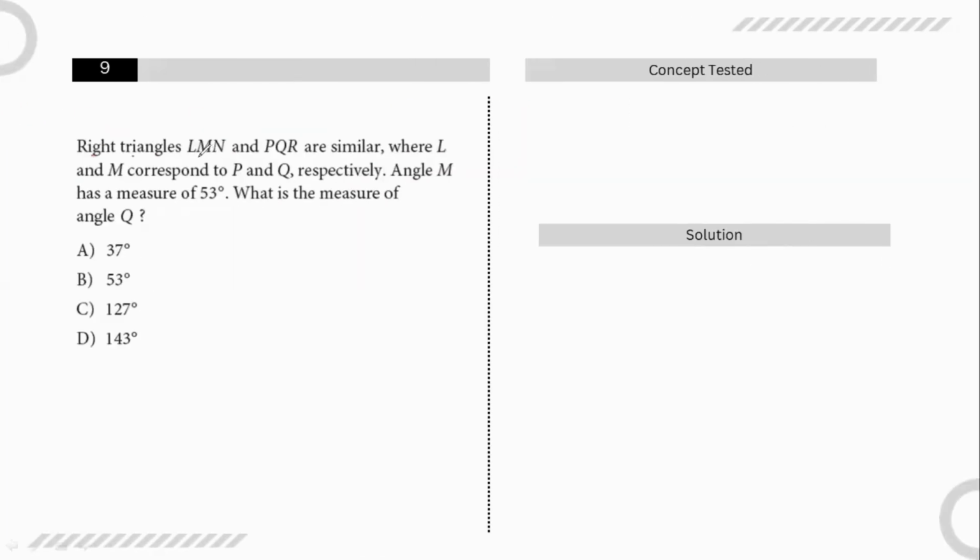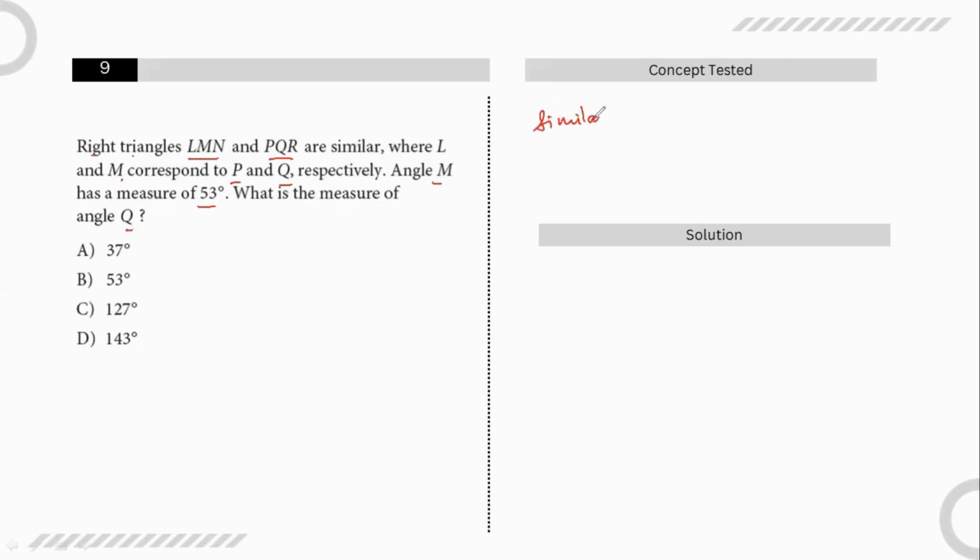Let's now move to the next. Triangles LMN and PQR are similar, where L and M correspond to P and Q respectively. Angle M has a measure of 53 degrees. What is the measure of angle Q? Now the concept tested here is similarity.